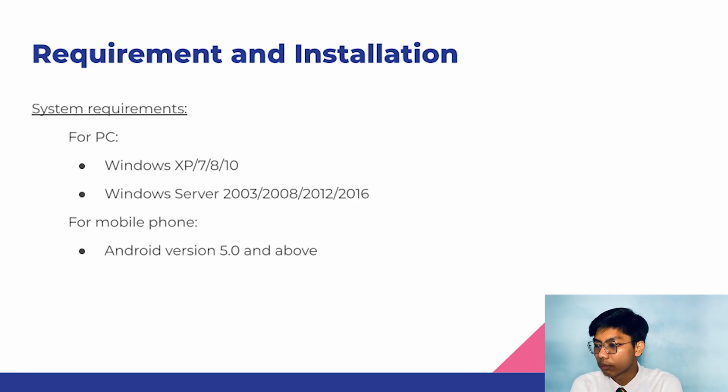The minimum system requirement for the PC is Windows XP, Windows 7, Windows 8 and Windows 10. For Windows Server, the minimum requirement is Windows Server 2003, 2008, 2012 and 2016. For mobile phones, this IP Tools app is only available on Android but not on iOS. The minimum Android version is 5.0.